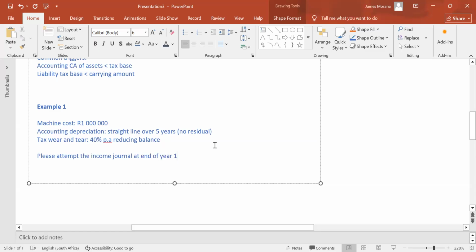So this is what I want you guys to attempt. Please attempt this journal in the chat box. It's not difficult as such.